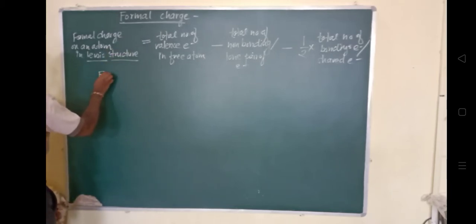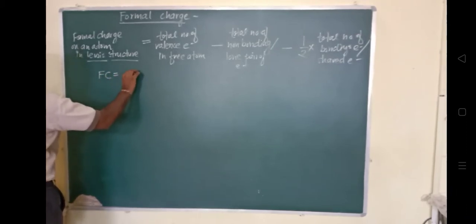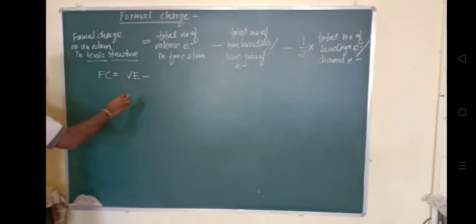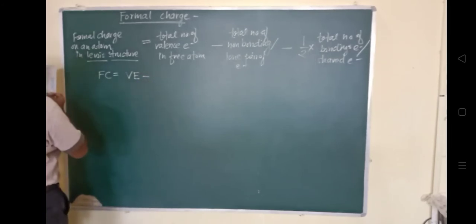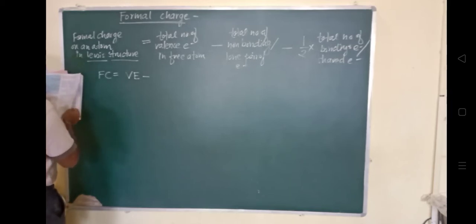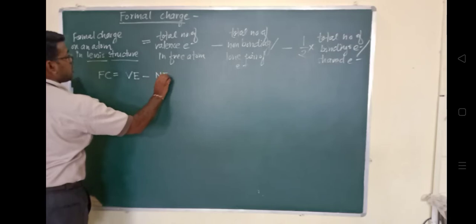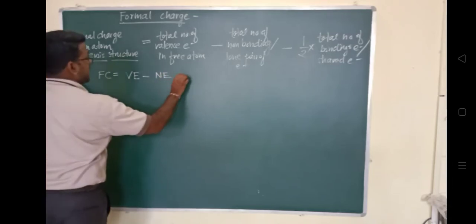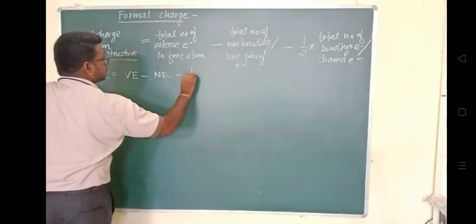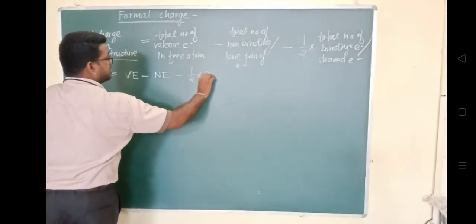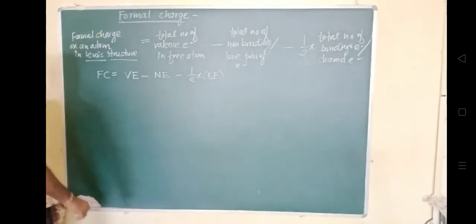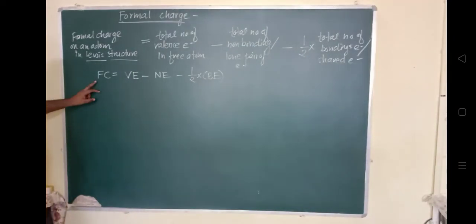It can be represented in a simple way: FC, that is formal charge, equals VE, that is valence electrons, minus the total number of non-bonding electrons, minus 1/2 into the bonding electrons. So this is the formula by which we can find out the formal charge on any atom.